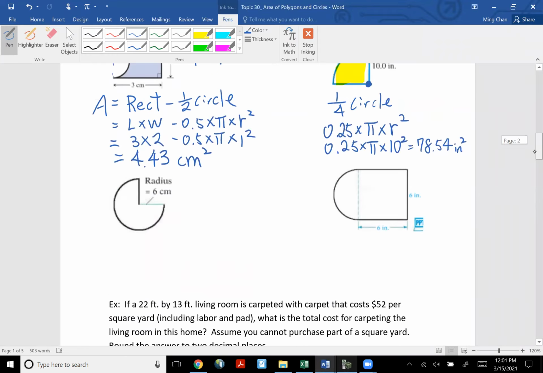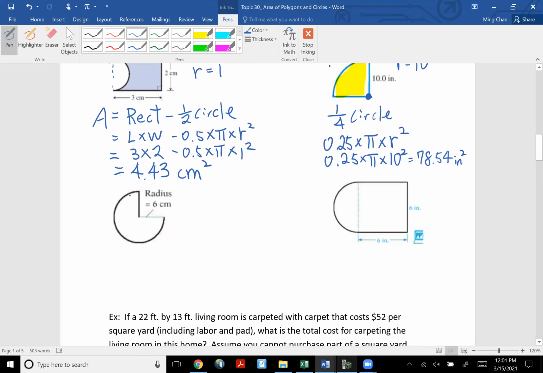This problem is just like the previous video. This is 3/4 of a circle. To find the area, they already told me the radius is 6.